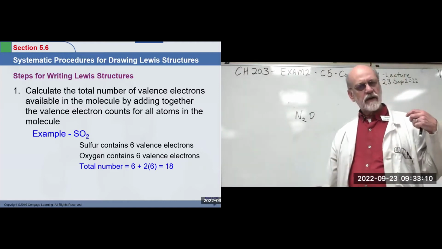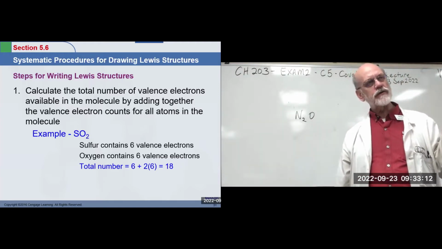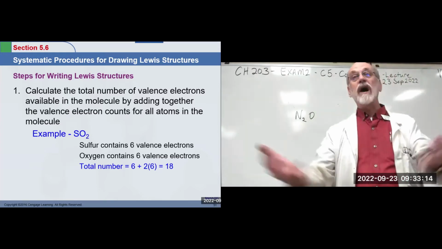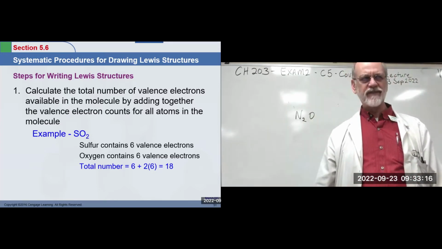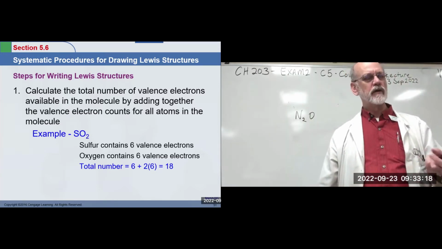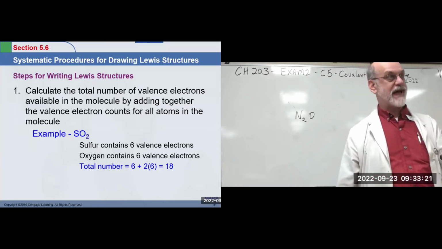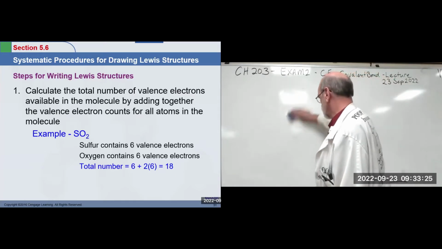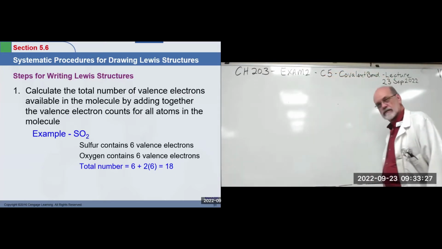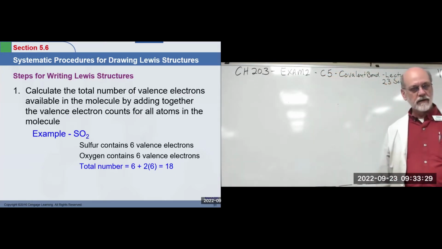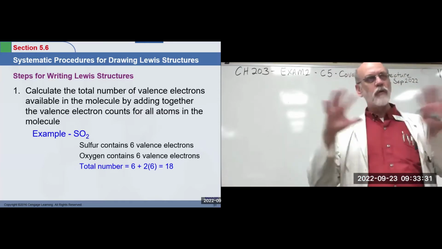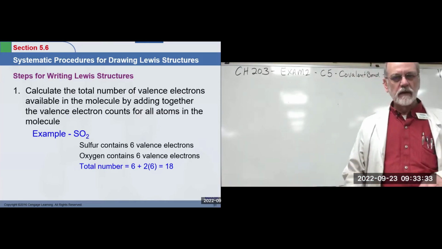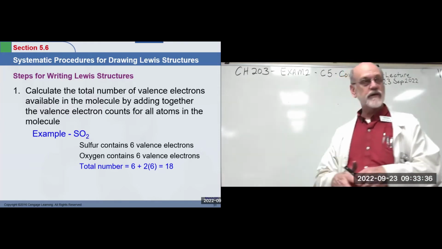So the Lewis structures, you can also write Lewis structures for complete molecules. I don't think we did that last week. We just introduced the Lewis structures for individual atoms. Okay. So there's a procedure that is fairly reliable for writing Lewis structures for whole molecules. And the example that's given here is sulfur dioxide.